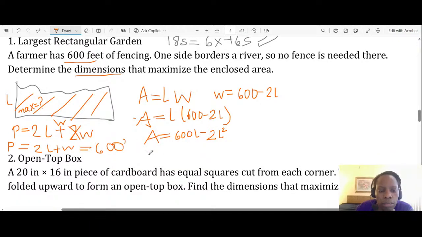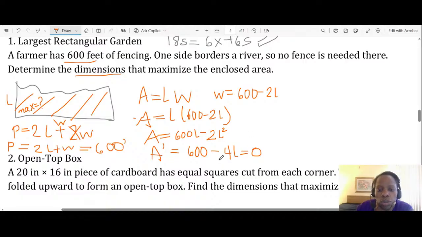Let's just say A prime is equal to 600 minus, let me fix that prime because that looks like a 2 almost, 600 minus 4L. We set that equal to 0 to get the maximum, and we solve for L, and then we can find out what W is using this formula right here.